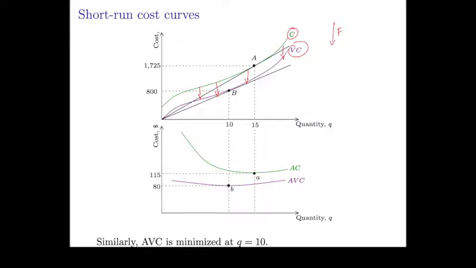And we do the exact same thing: we draw these straight lines from the origin to touch the variable cost curve. We find that the average variable cost is minimized at B, at the quantity 10 instead of at the quantity 15. So we find this point right here as the minimal average variable cost. Where am I getting these numbers from? These numbers are just from this example.